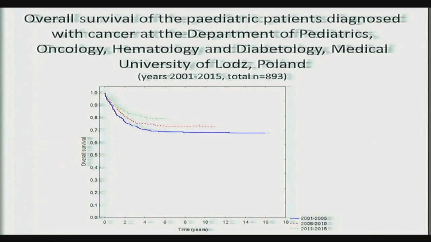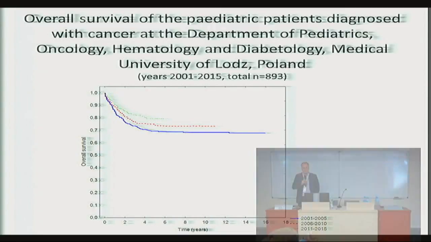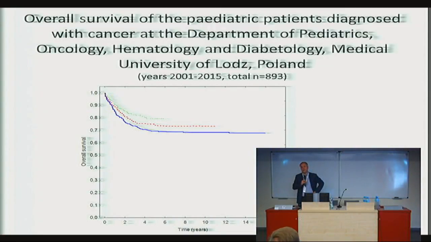We know right now that among pediatric patients there has been real progress in treatment options. For instance, these are data from our department in Lodz, and as you see, in each 5-year interval there is an increasing improvement in the treatment of all patients with cancer.